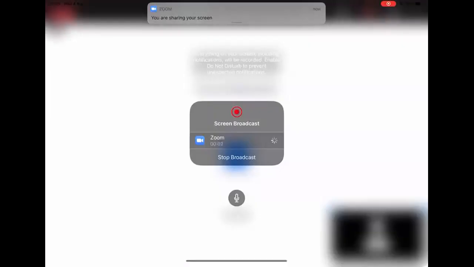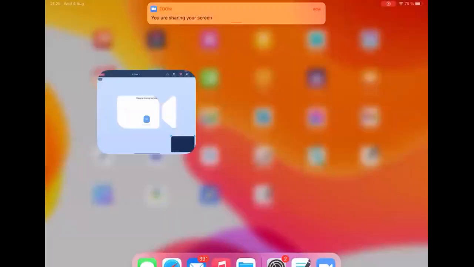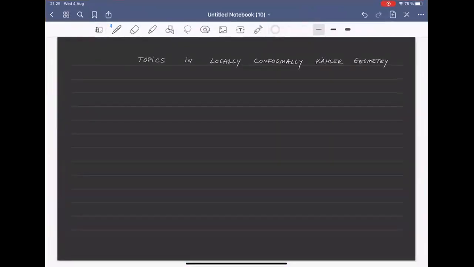Let me share the screen first. So the plan of the course would be the following. I will give an introduction to locally conformally Kähler geometry, some preliminaries, and some motivation for this topic.